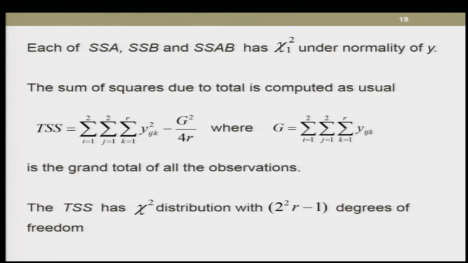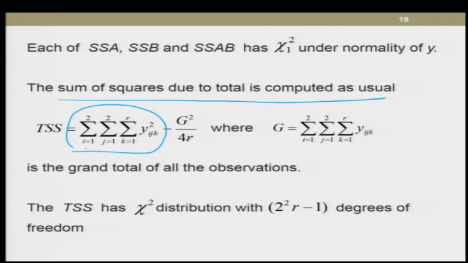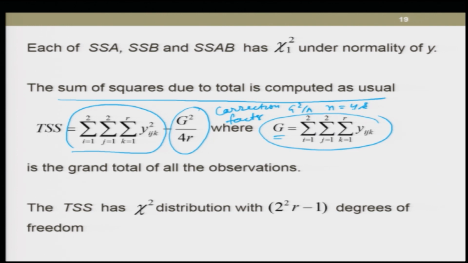And after this, the total sum of squares is computed by the usual expression, which is the sum of squares of all the observations minus the correction factor g square by n, where n is 4r, and G is the grand total, obtained as the sum of all the observations.